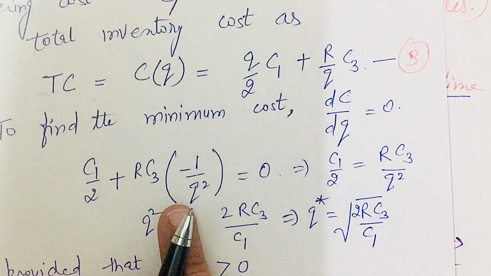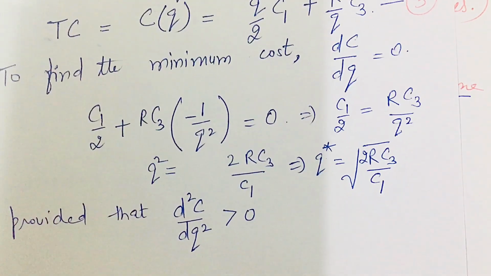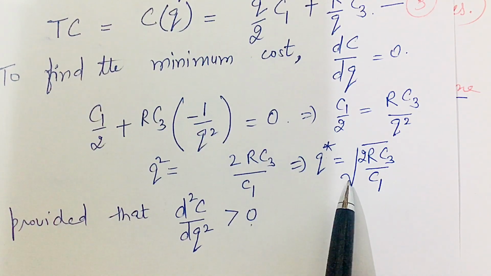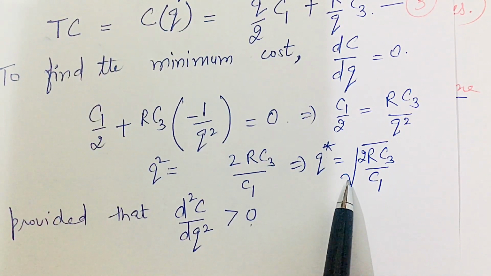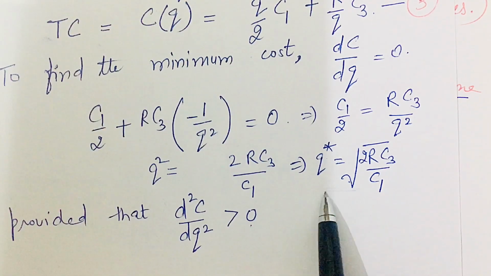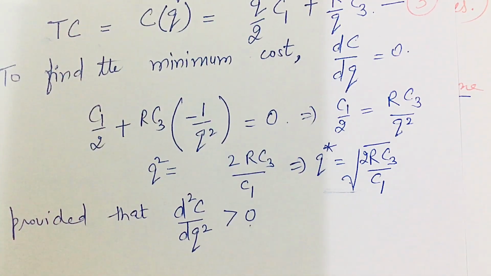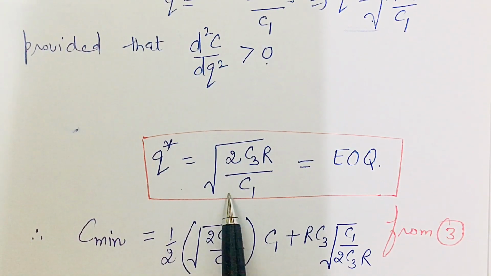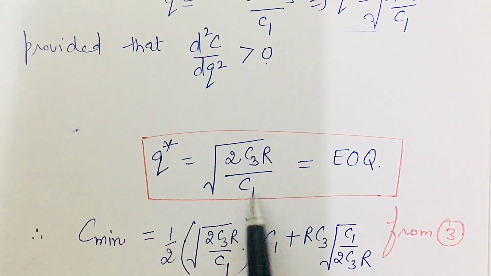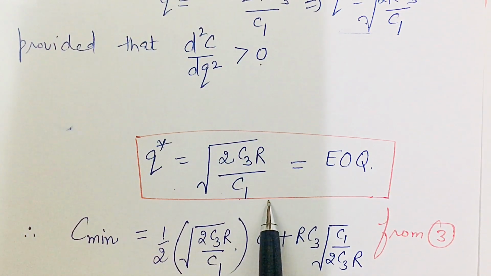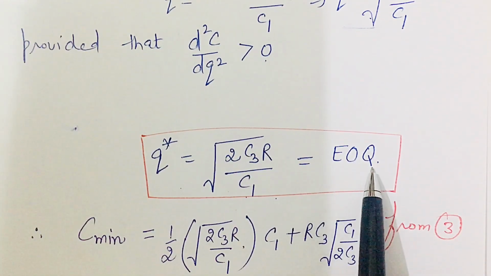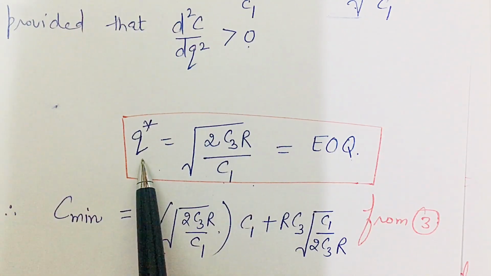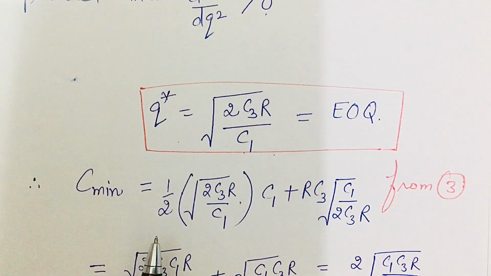You can find the second order derivative and you can show that it is a positive quantity for this particular Q. So that we can say that this cost is minimum at this value of Q. Therefore, we can say that this Q star is equal to square root of 2 C3R by C1. This is the optimal size or economical order quantity. By taking this much lot size, you can minimize the cost.